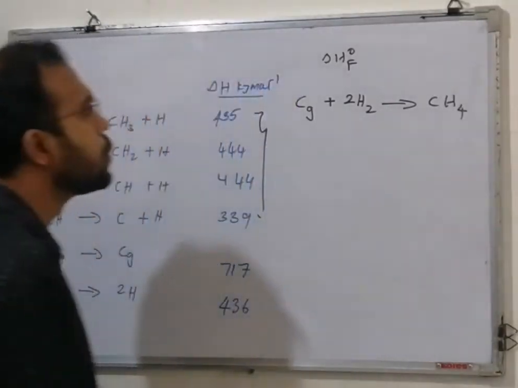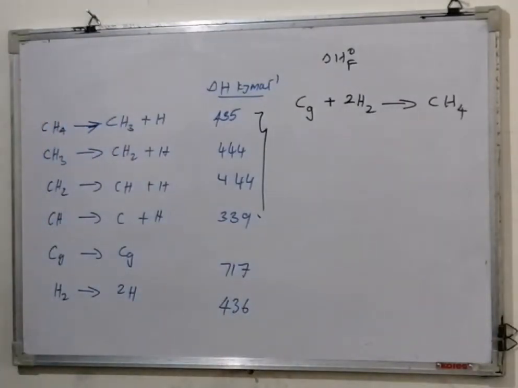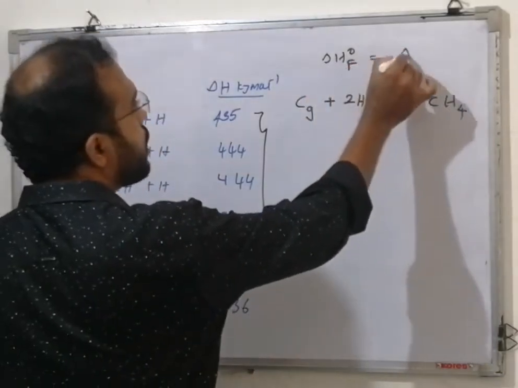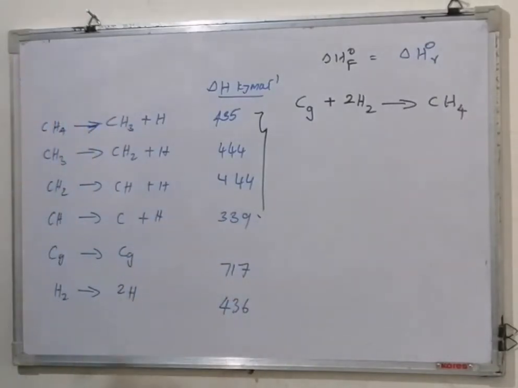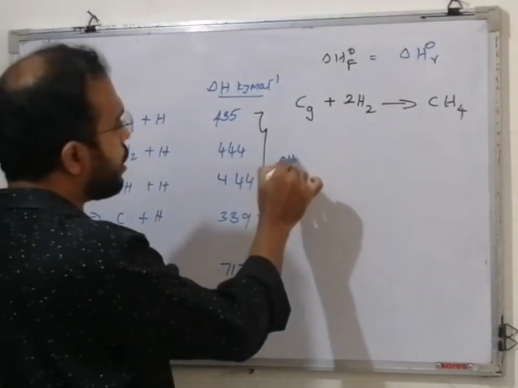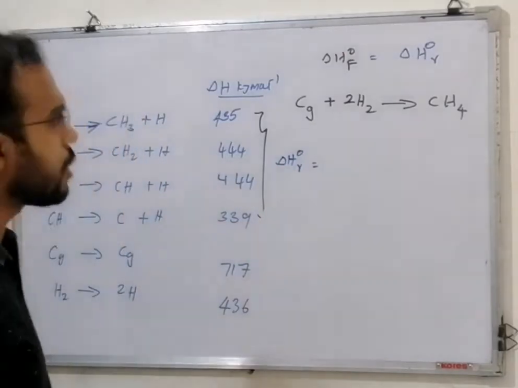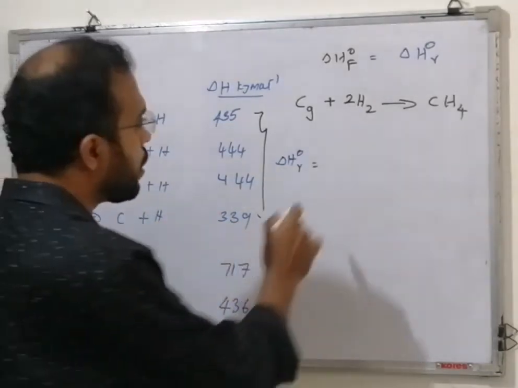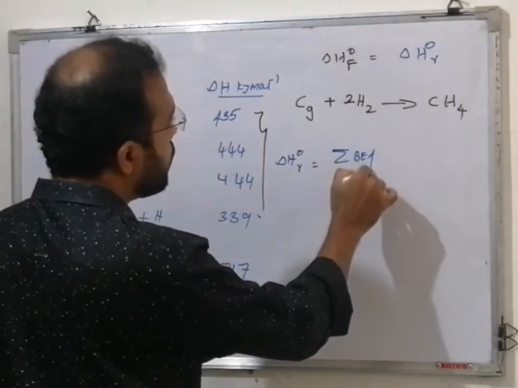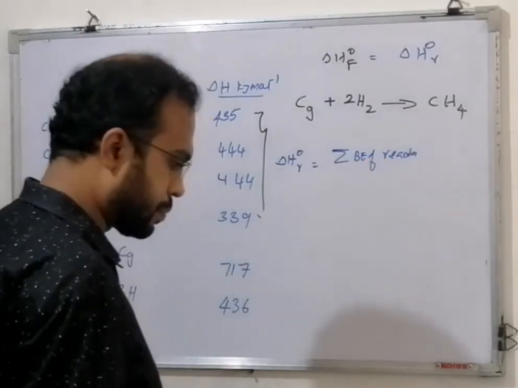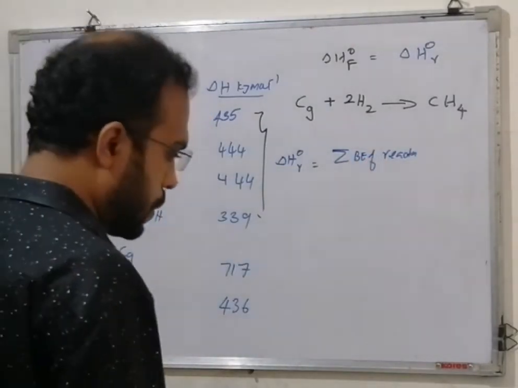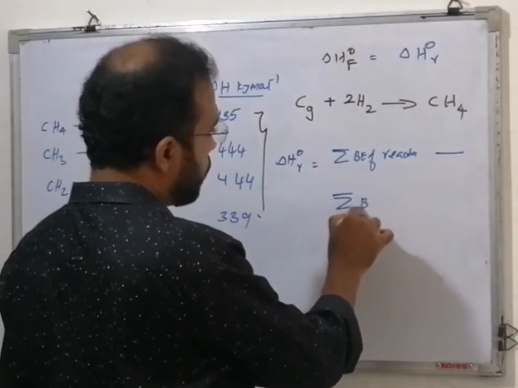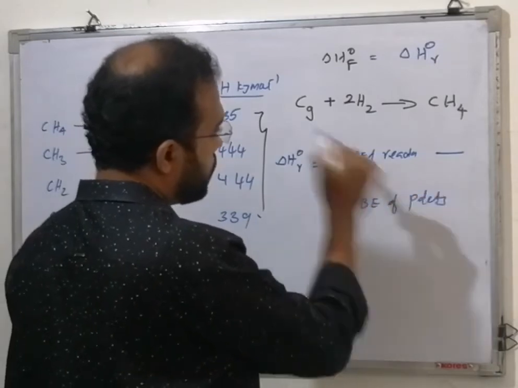Now, we can consider this delta H0 formation as a delta H0 reaction. If you take it as delta H0 reaction in terms of bond enthalpy, it is the summation of bond enthalpies of reactants minus the summation of bond enthalpies of products.